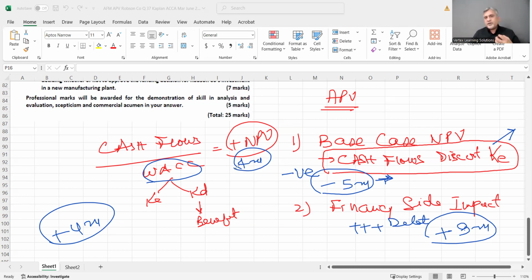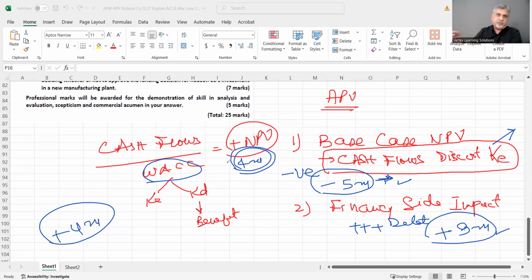So I wanted to see it separately: how much the project itself is worthwhile and what is the impact of the financing. For example, in this particular case, I thought that I will take a 50 million loan from the bank and I will take 20-30 million subsidy from the government. I will take all the benefits. It gives me 4 million.